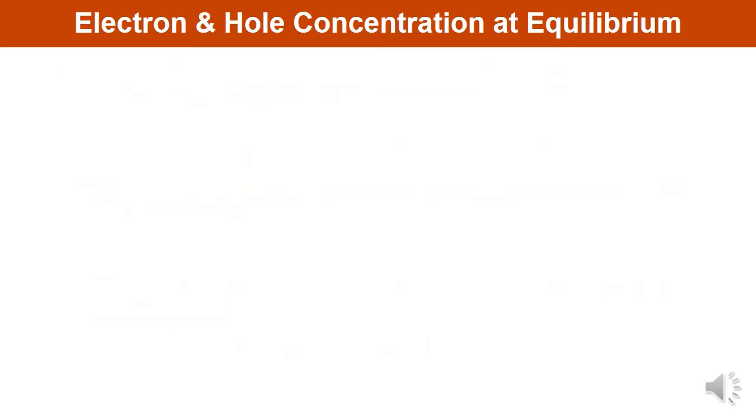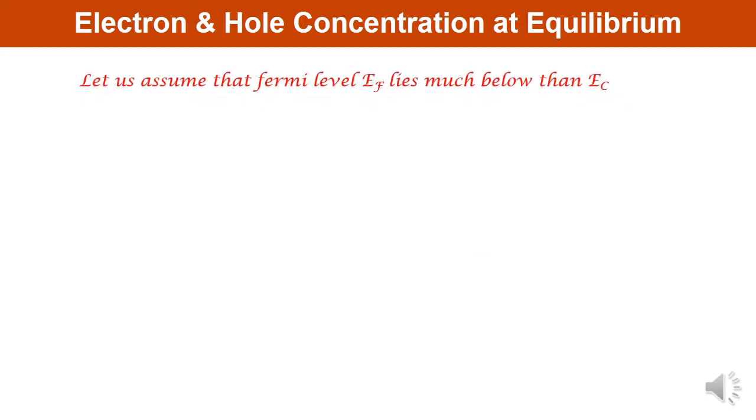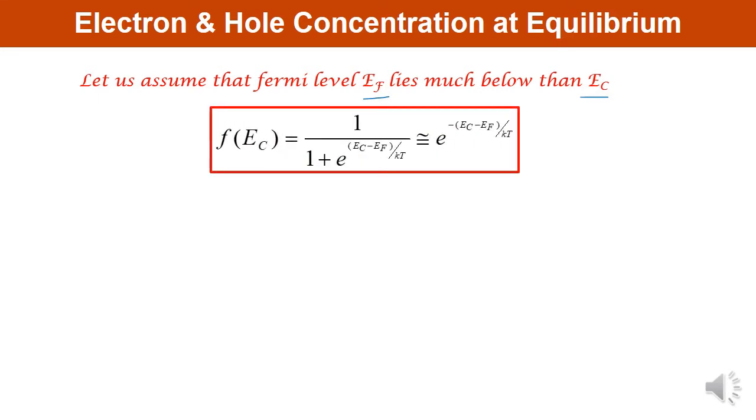Let us assume that the Fermi level EF lies much below EC, meaning the value of EC is higher than EF. Then what is F(EC)? You have studied the Fermi-Dirac distribution function, which is 1 upon 1 plus e raised to the power (EC minus EF) upon KT.